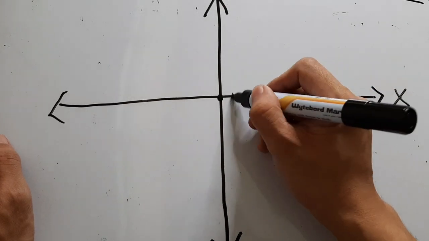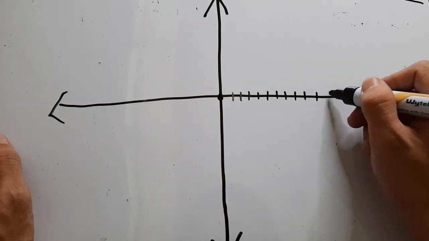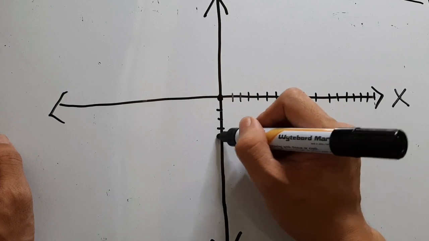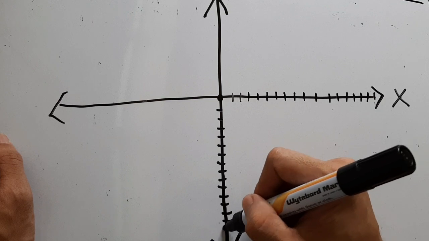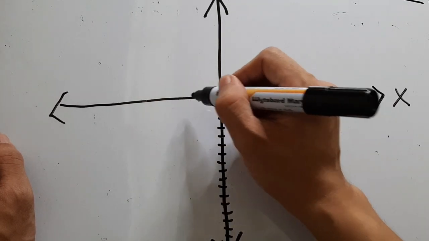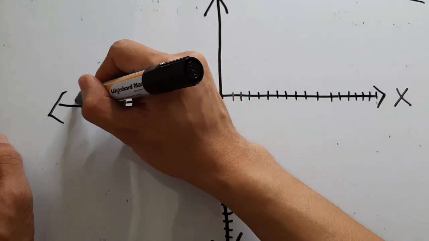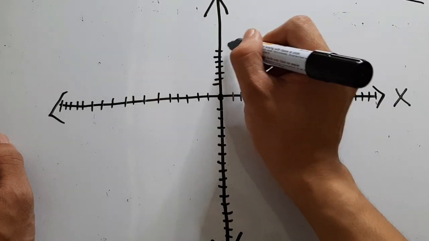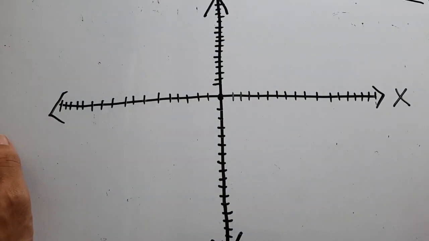So, let's have 1, 2, 3, 4, 5, and so on, up to 17, marked on each axis. So, meron na tayong Cartesian coordinate plane.